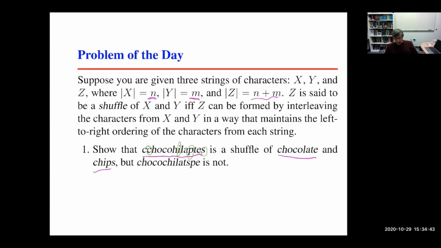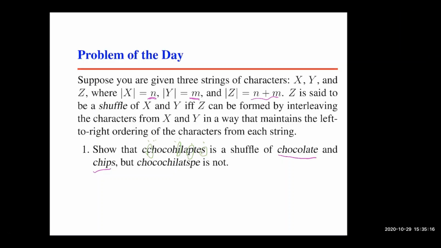If I take either of these H's, does everybody see that I would spell out the word CHIPS? That's chips, right? Is it true that I could take either of these H's, pull out chips, and then leave chocolate?